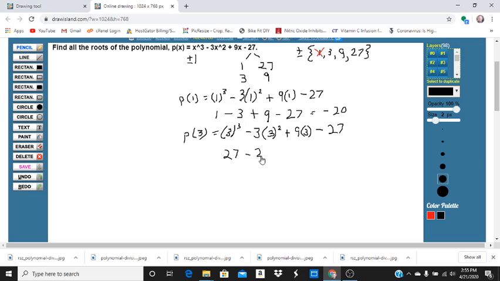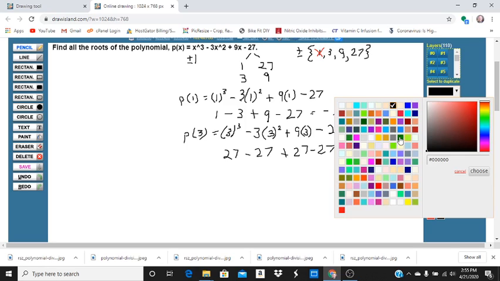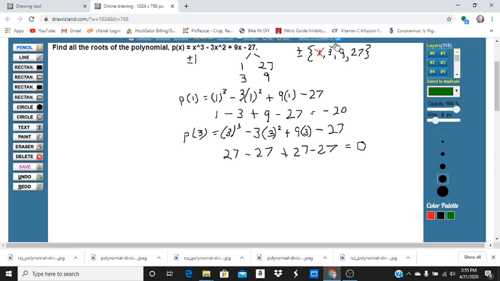We're at 0 so far. 9 times 3 is 27, and then minus 27. So this equals 0. So 3 is a root of p of x. Okay, great.